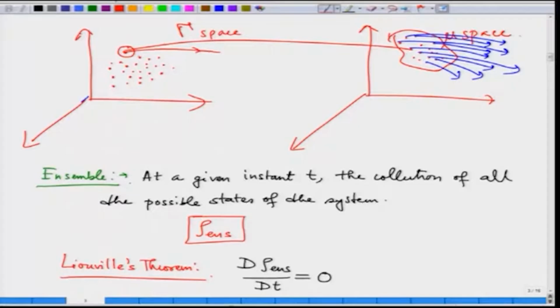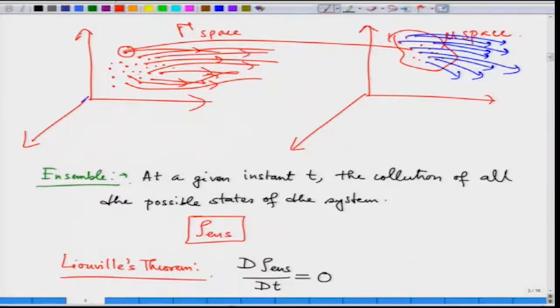And every point, if left to evolve, will evolve separately according to some law, which depends on the system.